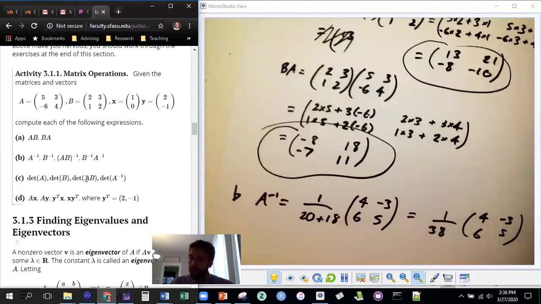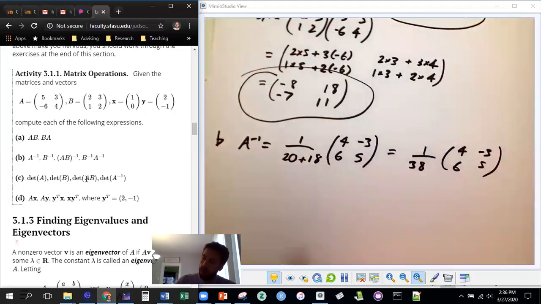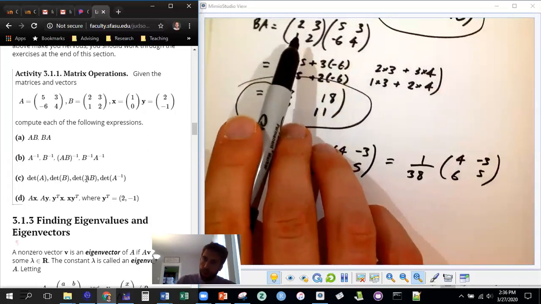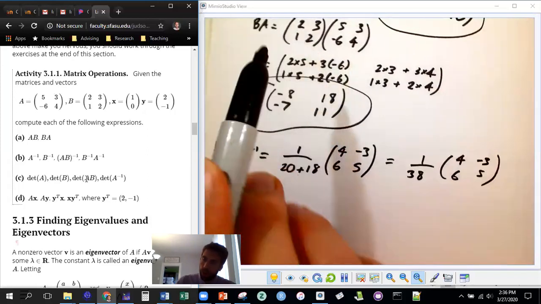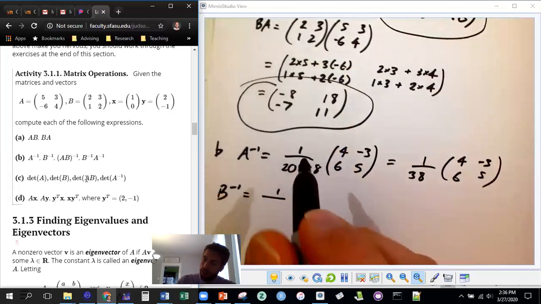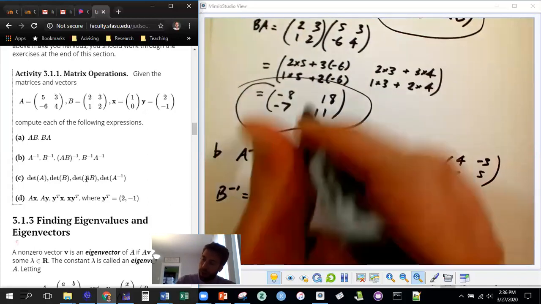Now let's do B inverse. Where is B stated? B is stated up here, [2, 3; 1, 2]. So the first diagonal is 2 times 2 is 4, minus the other diagonal.